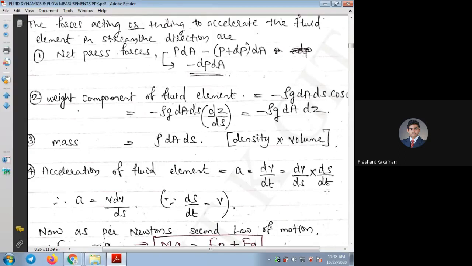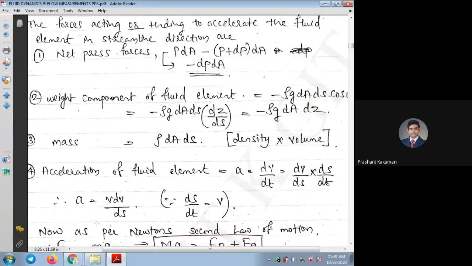Taking these terms in the chain form, one can write the acceleration as v into dv by ds, by considering ds by dt, the change in distance with respect to change in time, as velocity. The change of velocity with respect to change in distance we keep as it is, like dv by dx in earlier cases.